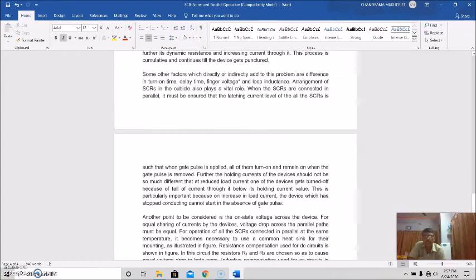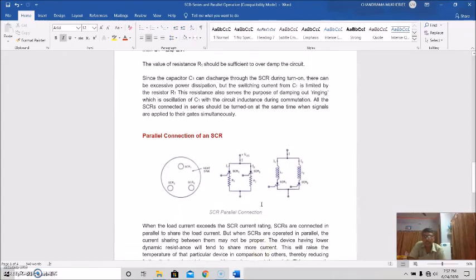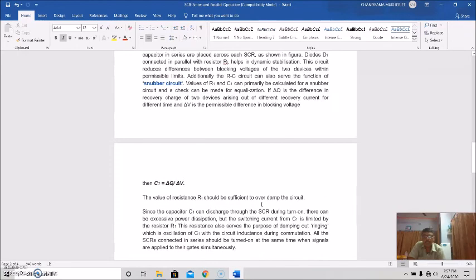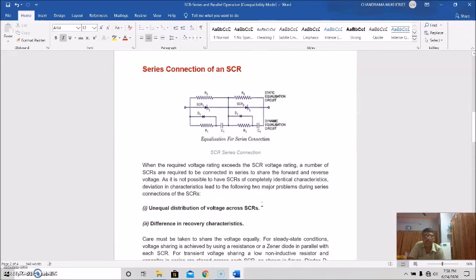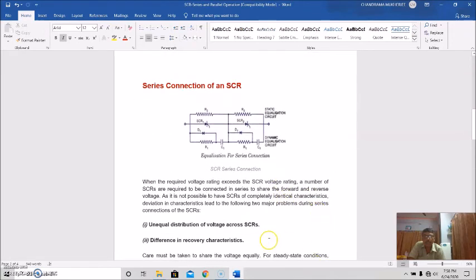Now, I told you that like all other electrical equipment, as per the requirement of the load current or load voltage, SCRs may be connected in parallel to meet the required load current level, or connected in series to meet the required load voltage level. During series connection, some factors should be taken into consideration.